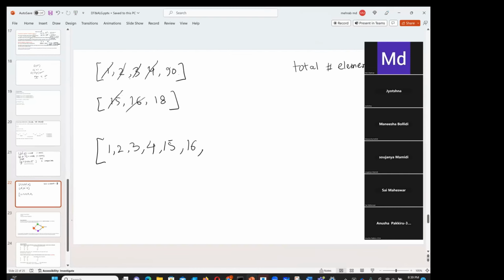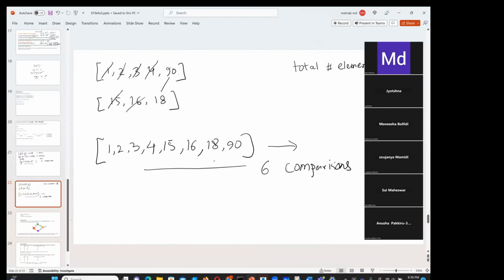Next candidates, 18 and 90. So how many comparisons did I need in total? 6 comparisons, and I get a merged list.